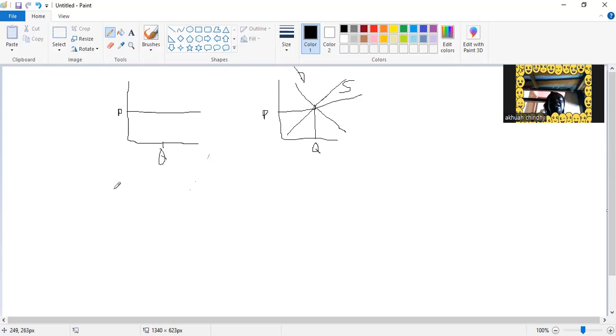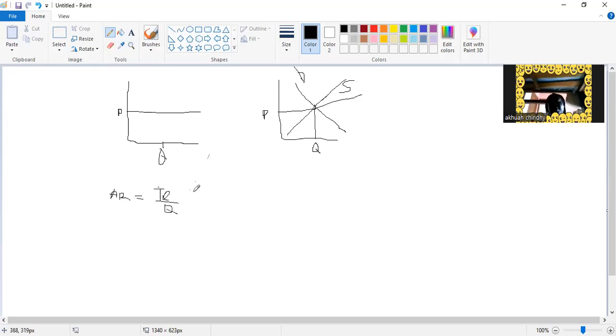We say that average revenue, AR, is equal to total revenue divided by Q. Let me write total revenue here.